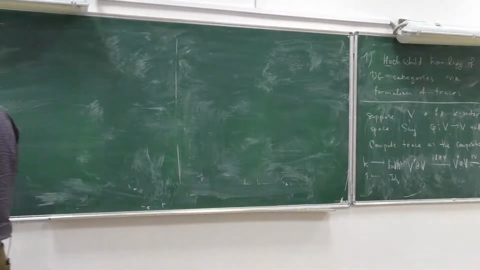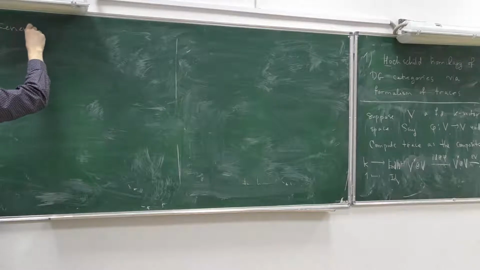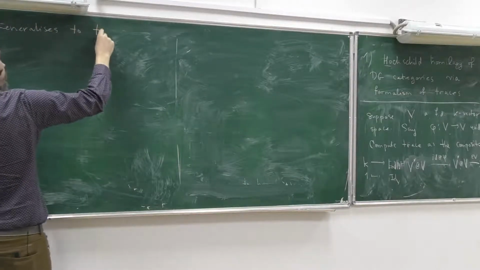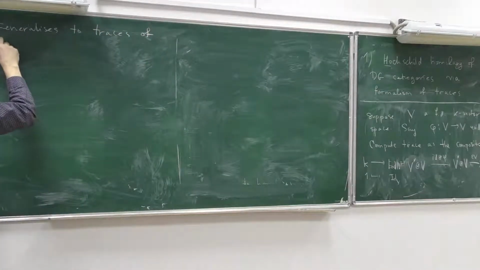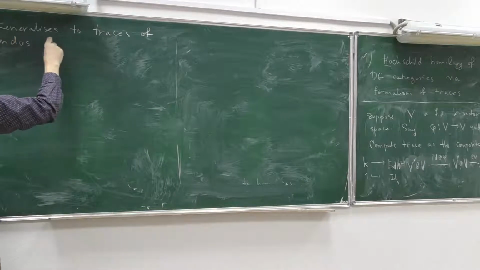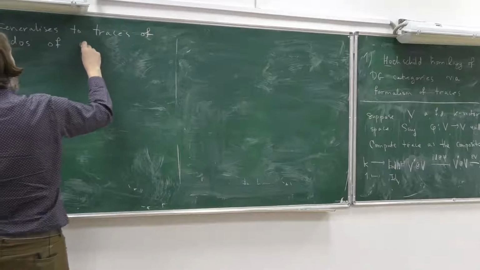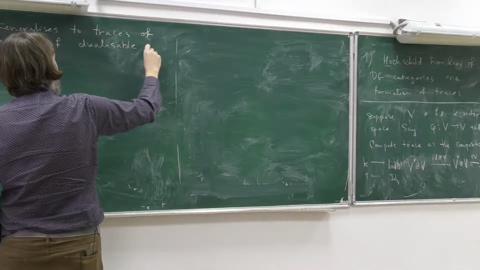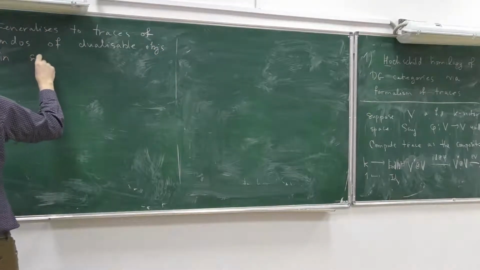So this generalizes to traces of endomorphisms of dualizable objects in symmetric monoidal categories.